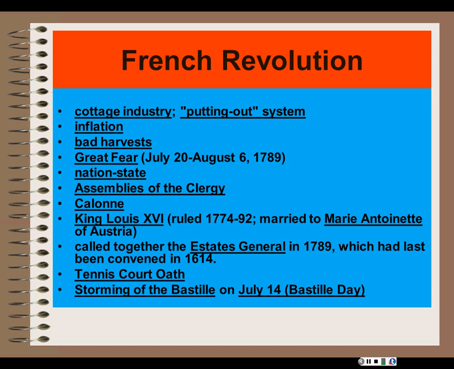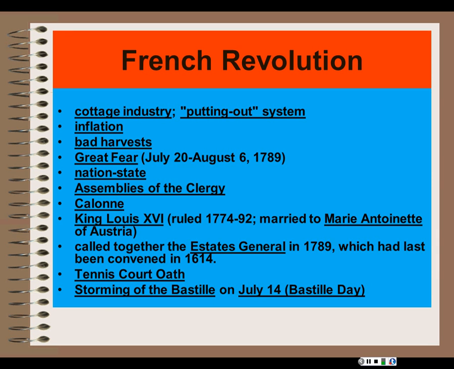Calonne was King Louis XVI's controller of finance, and he was faced with this fiscal crisis, and he suggested a land tax, but the Assembly of the Notables balked. In his budget report submitted to the king in March 1788, he estimated expenditures at 629 million livres, income at 503 million, or a deficit of 20%.